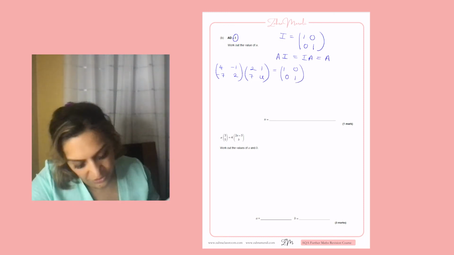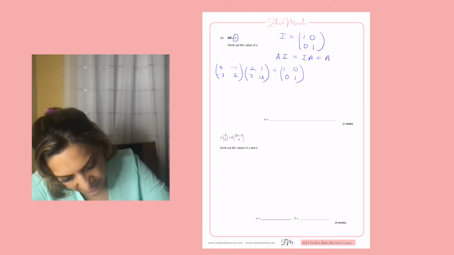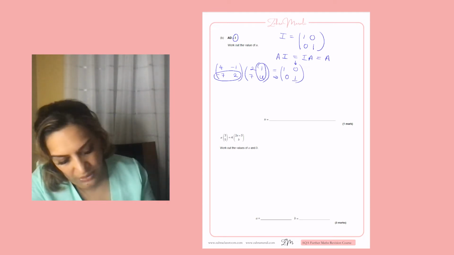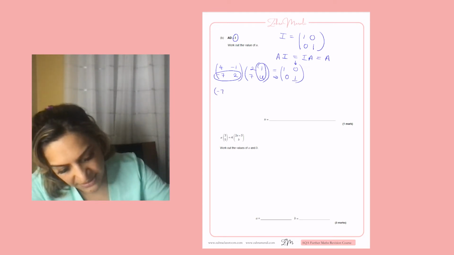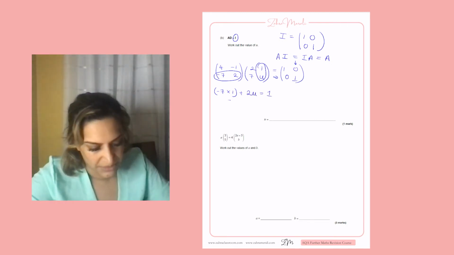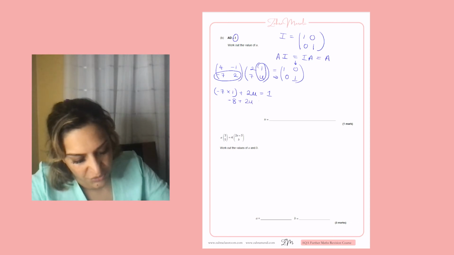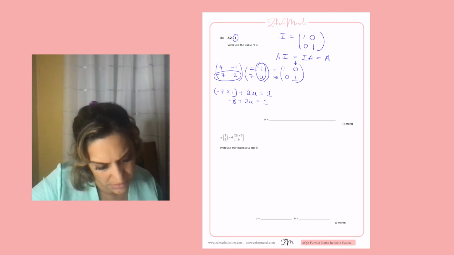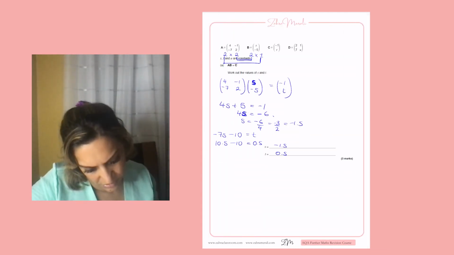So we know when we do this row, because this is the second row, by the first column, I get 1. So -7 times 2 plus 7... so -8 plus 2u equals 1, and work out the value of u.